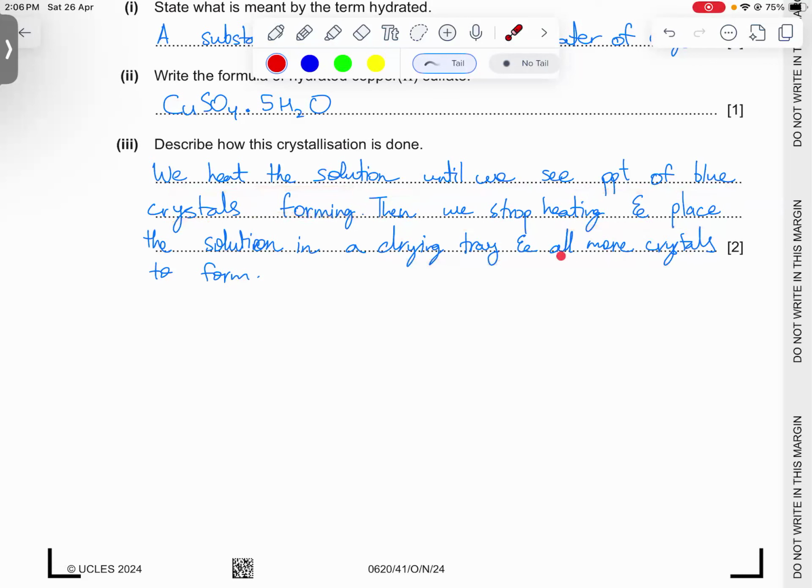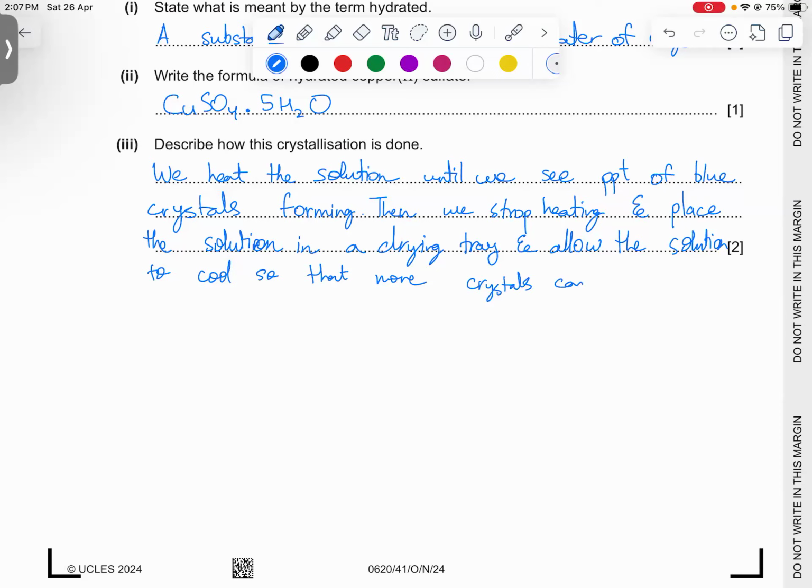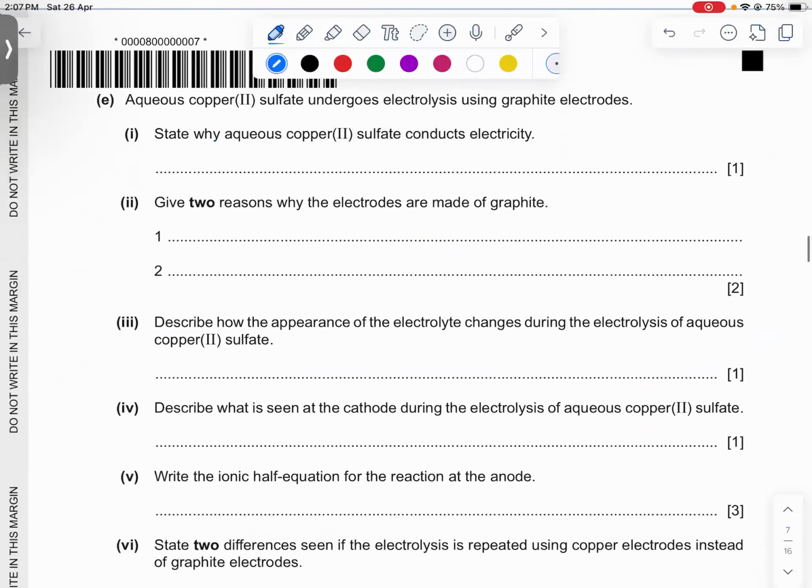In the middle we missed the sentence: allow the solution to cool so that more crystals can form. Allowing the solution to cool down is the most important part of crystallization. Full stop. Next question.